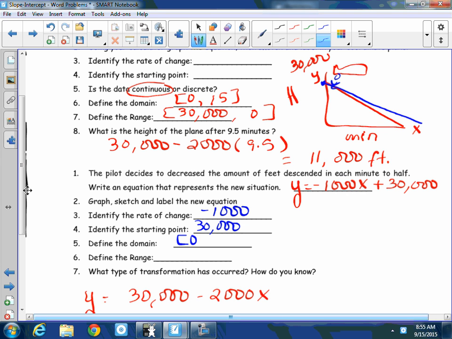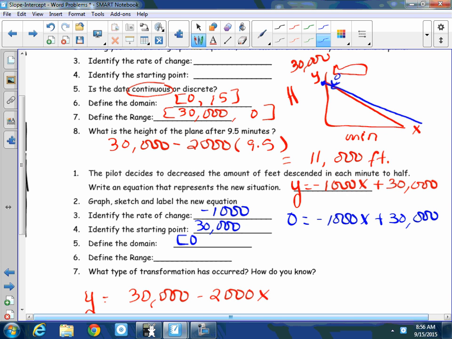We won't be dead. So the height needs to be 0. So you go back to that equation and you say 0 equals negative 1,000x plus 30,000, and you solve for x. What do you got, Simon?